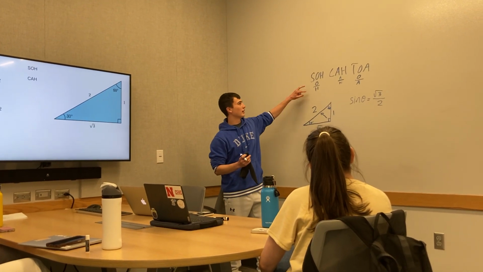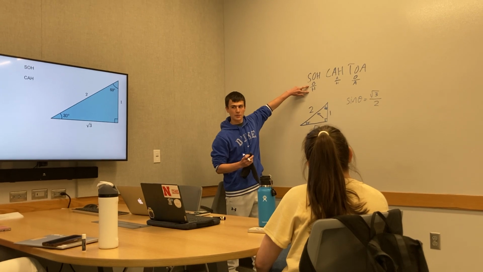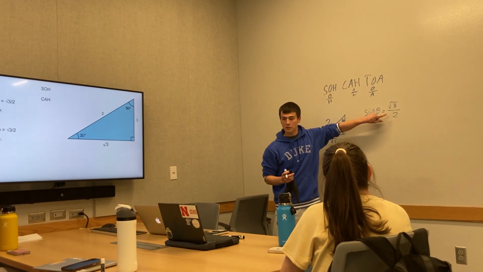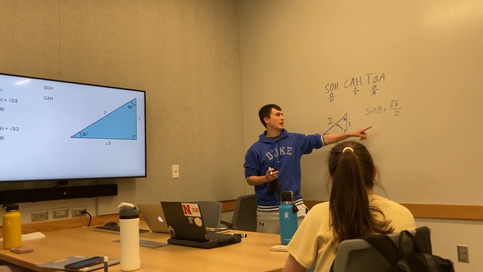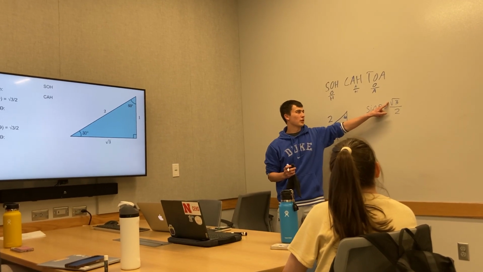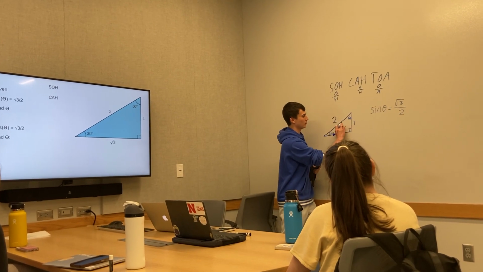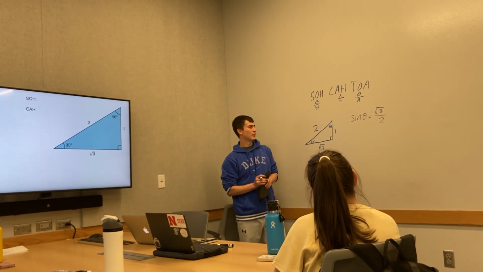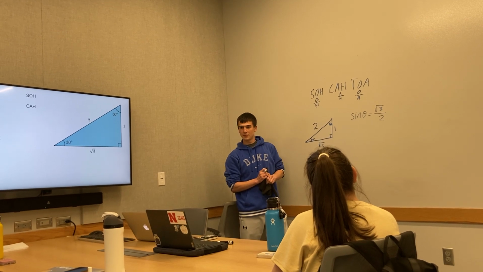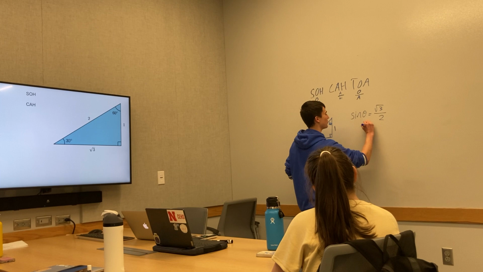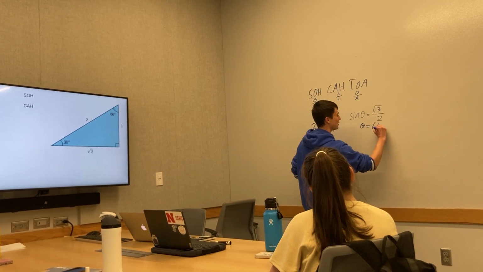We need to find the opposite and hypotenuse, right? So we need to find the angle that square root of 3 is the opposite of. In this case, what would that be? 60, correct. And our hypotenuse is 2, so theta is going to equal 60 degrees. Good.